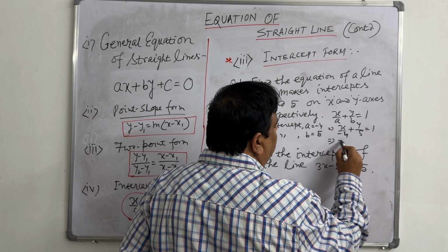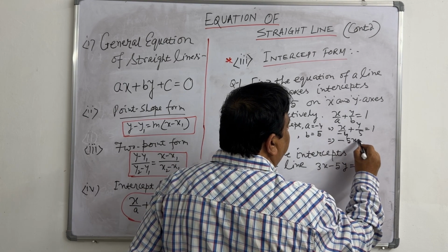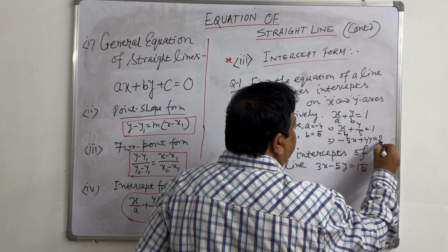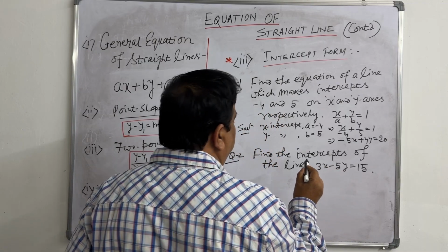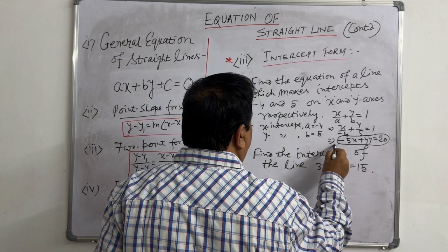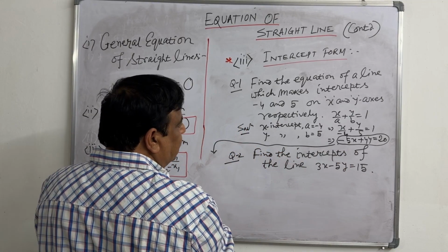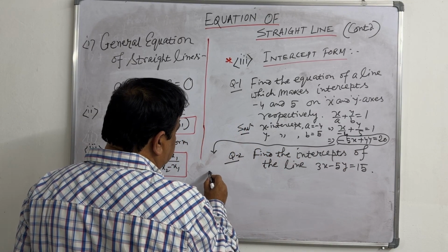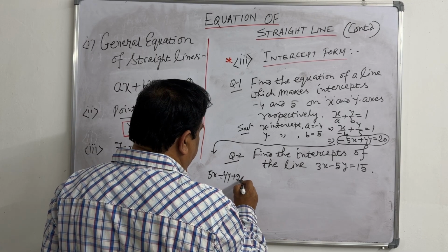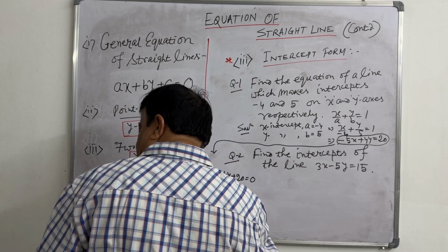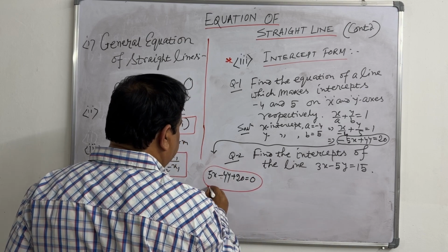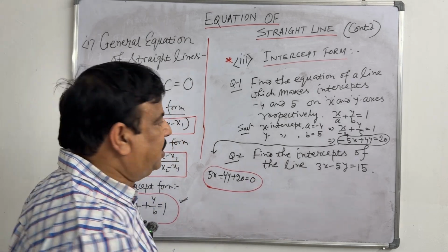So you'll get minus 5x plus 4y is equal to 20. Ultimately, if you transfer, the equation is 5x minus 4y plus 20 is equal to 0. So this will be your answer of question number 1.